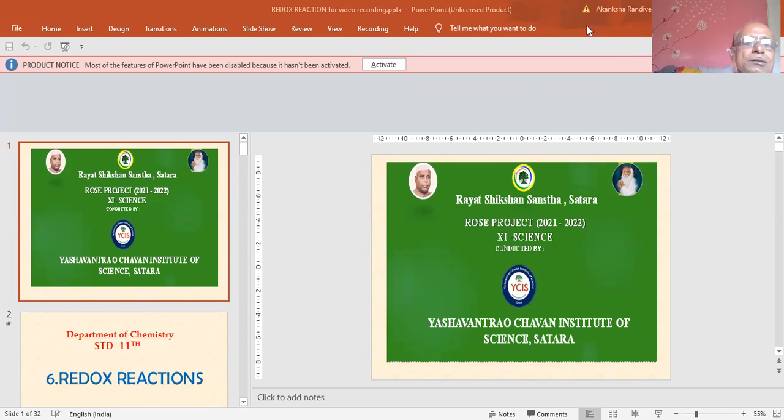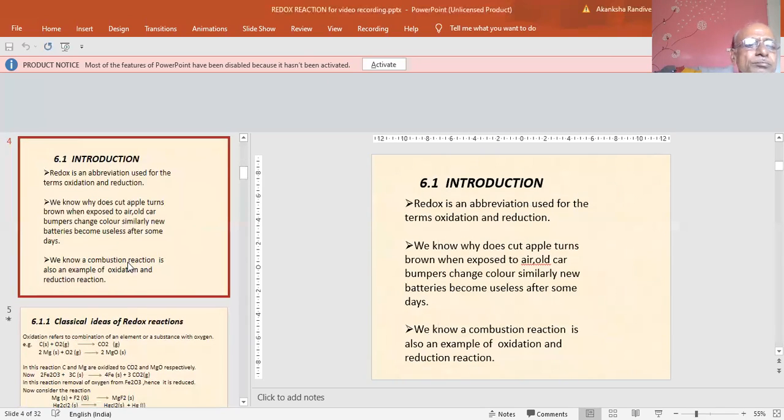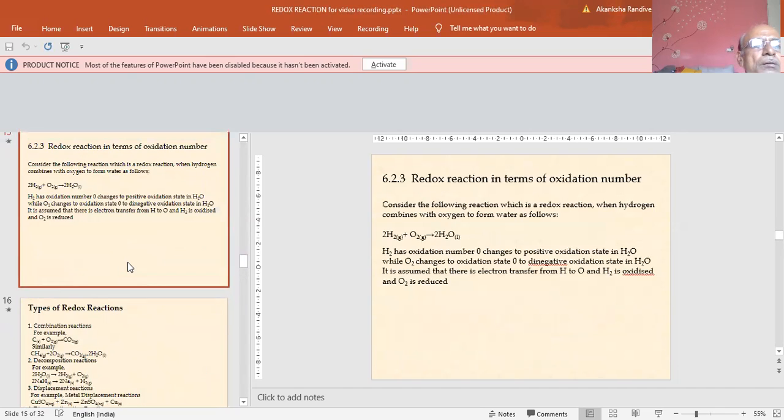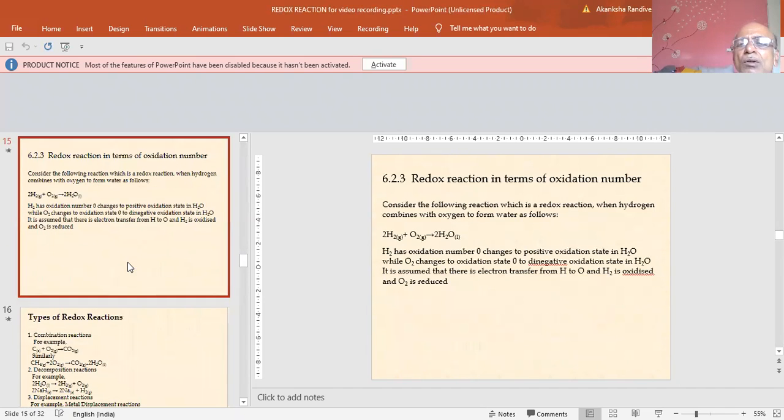Now, in the last lecture, we have studied the stock notation. Similarly, we have studied the redox reactions in terms of oxidation number.